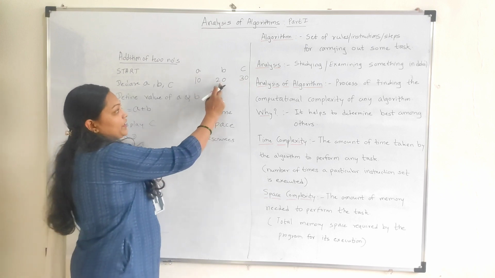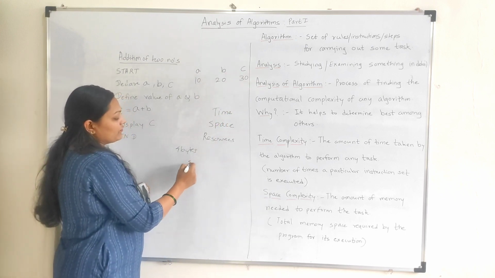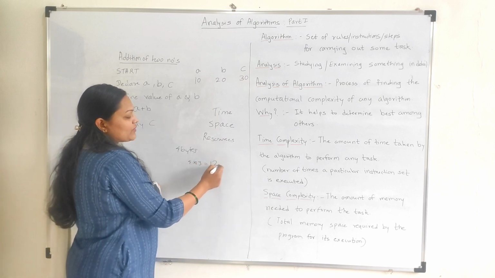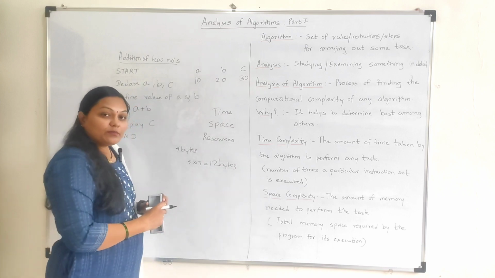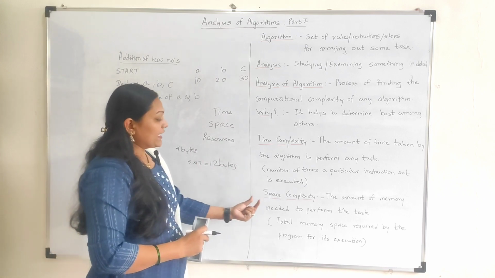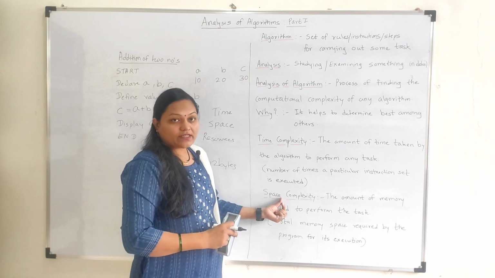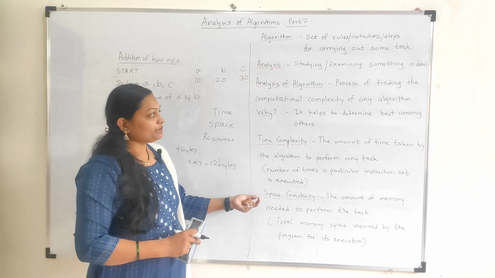So how many bytes do we require to store these three variables? 4 into 3, that is 12 bytes you require to store these variables in memory. So we consider these things for calculating space complexity. So this is regarding time and space complexity.